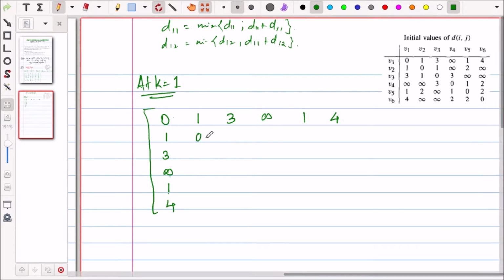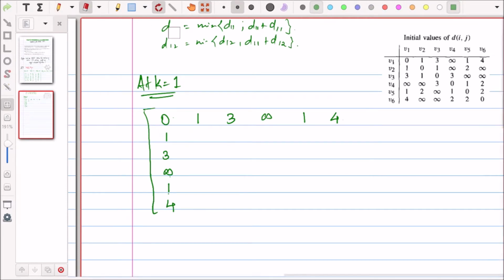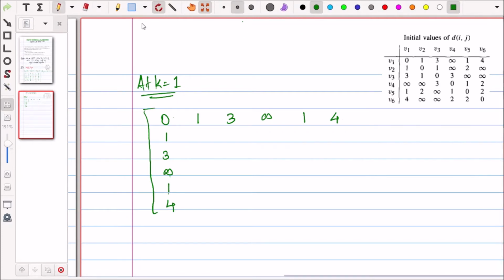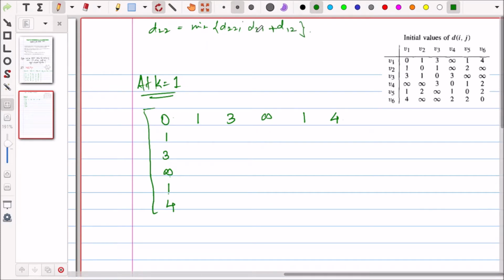ओके ओके, सॉरी ये 0 मत लिखो अभी। अब नेक्स्ट वी हैव टू फॉर्म दिस d22 is minimum of d21 d12, so ये तो 0 है, d21 क्या है अपना, d21 is this 1 and d12 is 1, so 2 हो गया, ठीक है?